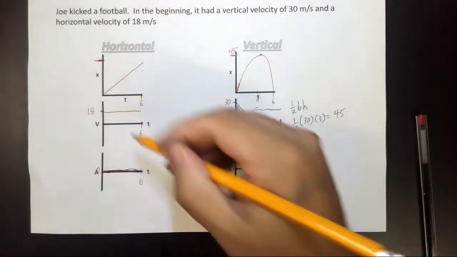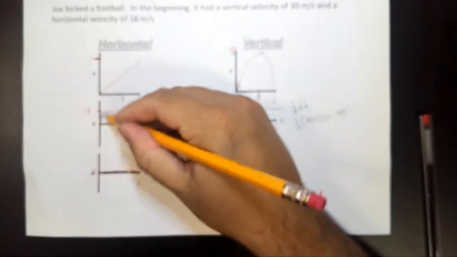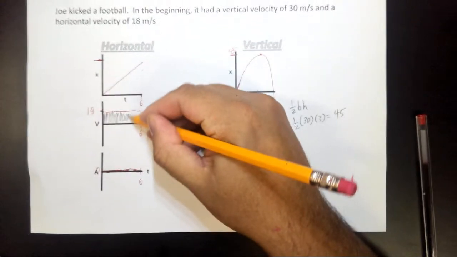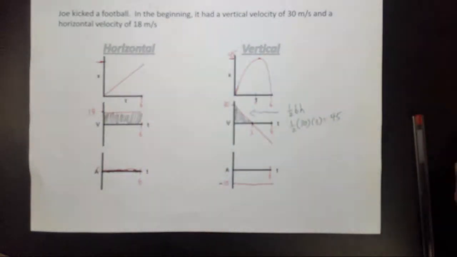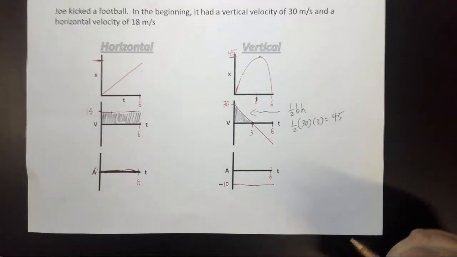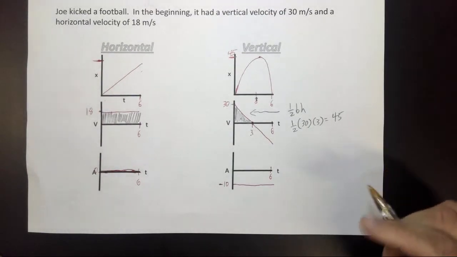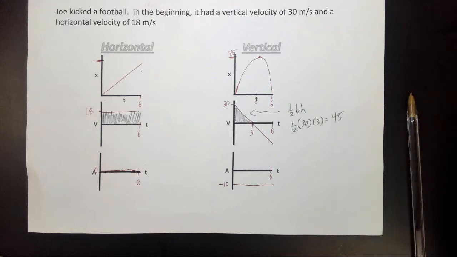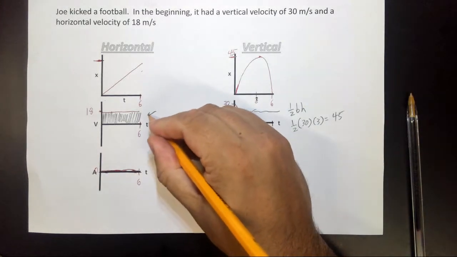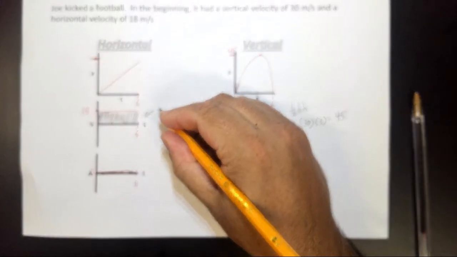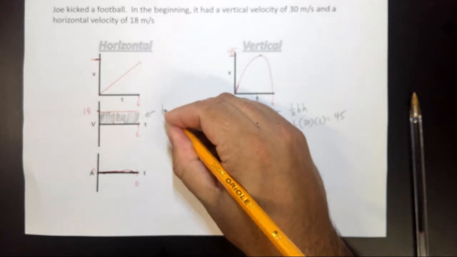We can do the same thing over here horizontally, right? Remember, the area under the velocity graph tells you what the displacement is, right? So horizontally, the displacement would just be the area of this rectangle, and this rectangle is base times height.